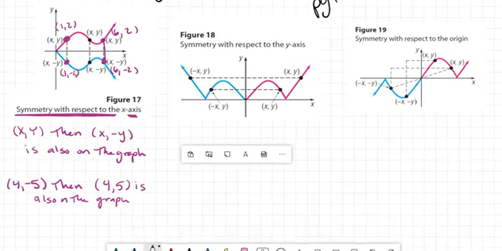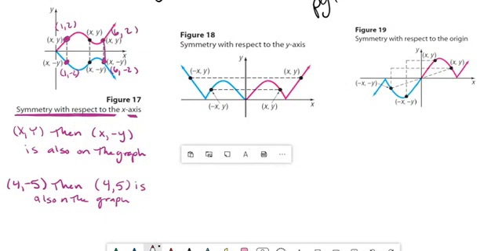Okay, and let's do one more example. Say for example we have the point negative 3 comma 6. Then we would know x comma negative y, so x stays the same, and it's the opposite sign of y. That's what the negative right here is telling us.